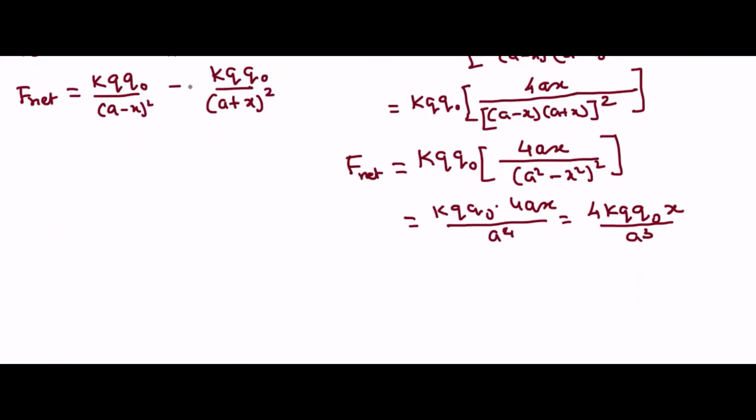So we have got this value of F net is equal to 4k q0 by a cube multiplied by x.